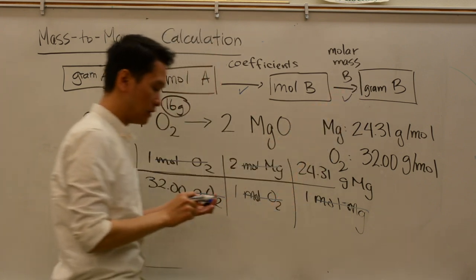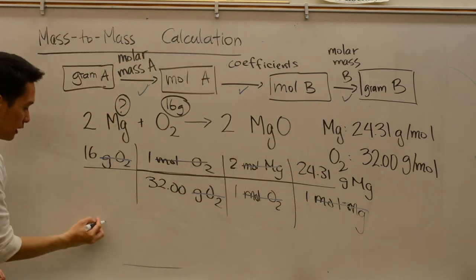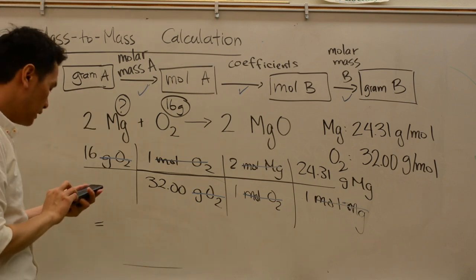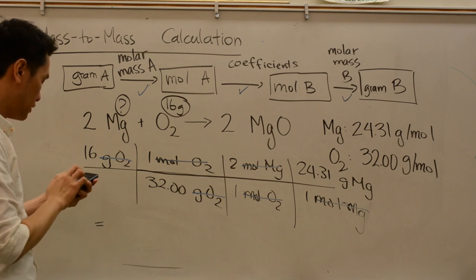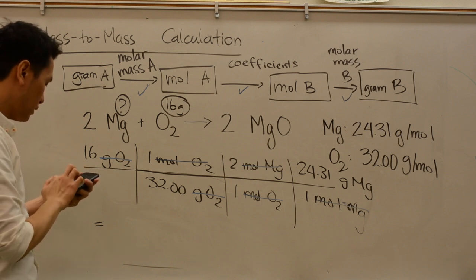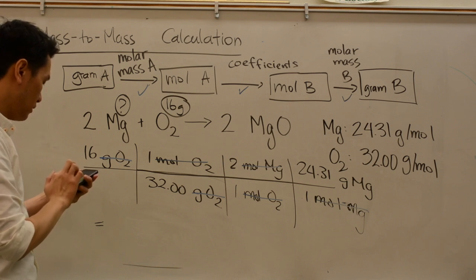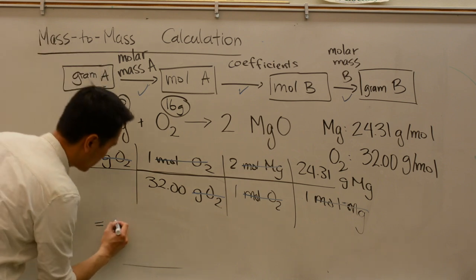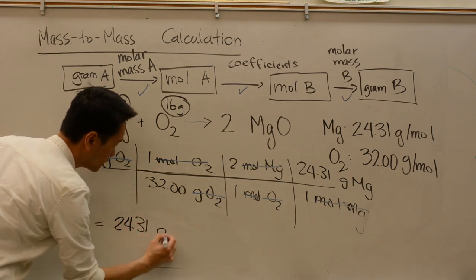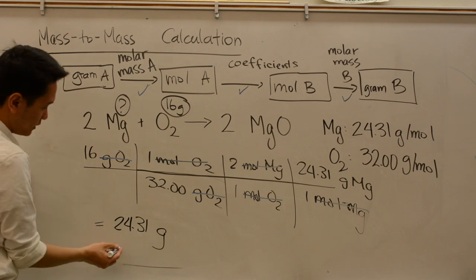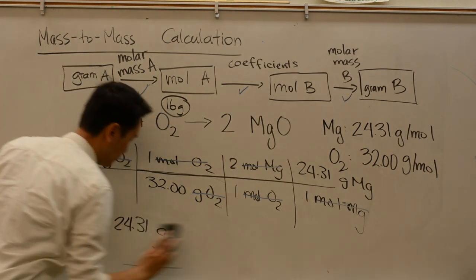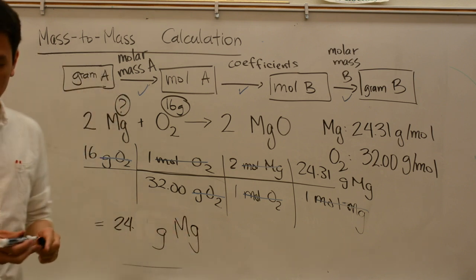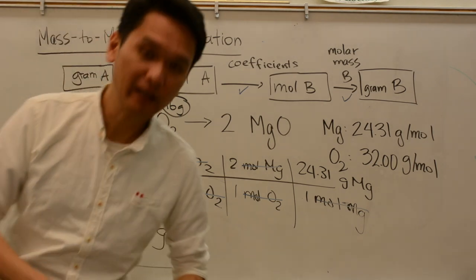We did that step successfully. Putting this into our calculator, we should get 16 times 2 times 24.31 divided by 32.00, which is 24.31. In this case, we have only 2 sig figs, so it comes out to 24 grams of magnesium. The answer then would be D.